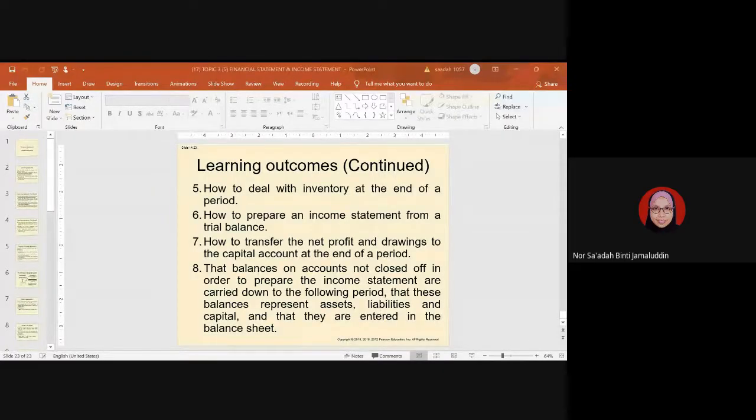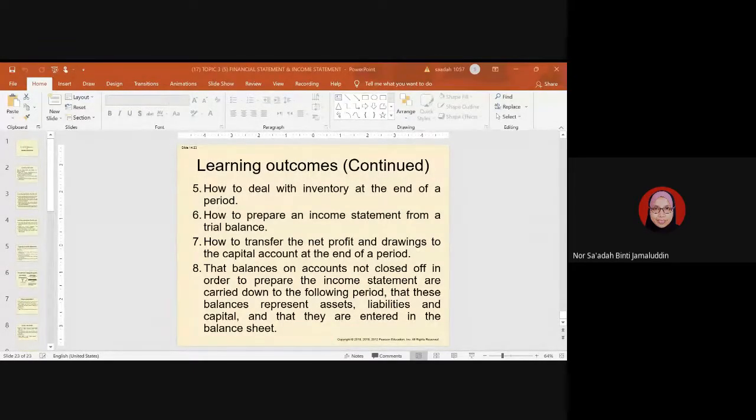for this subtopic, we stop here, and after this, we will continue with the next subtopic, on inventory. Inventory has special treatment because, as we learned before, in the Trial Balance there is no need to include your closing inventory. But when you get additional information informing you of the closing inventory, just put the figure from the additional information as the closing inventory.